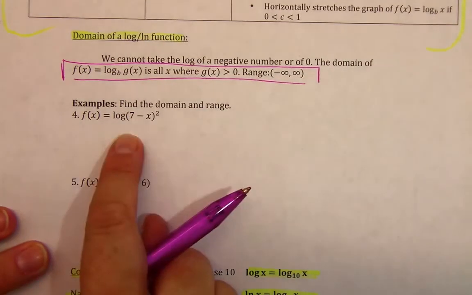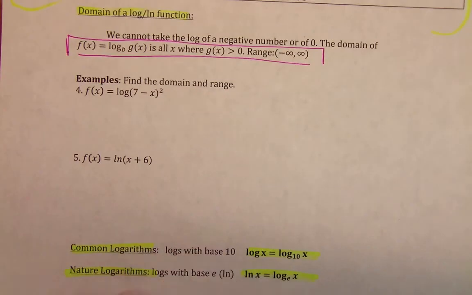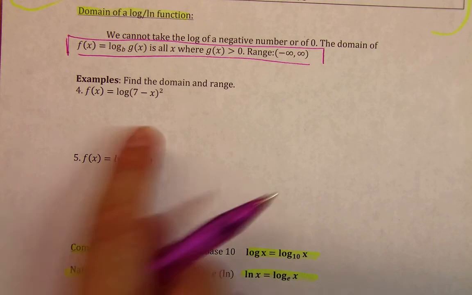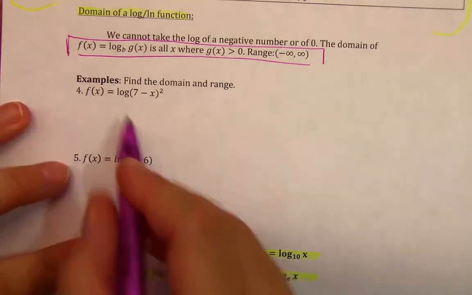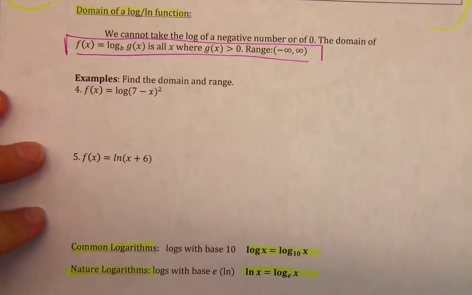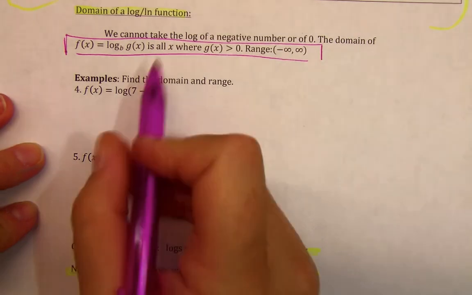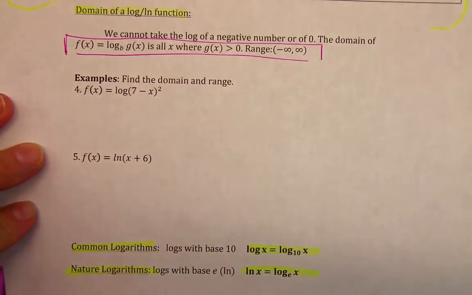This first example, we want to make sure that what we have here is going to be greater than 0. Well, I know it's going to be greater than 0 because it's going to be squared. However, we can't let it equal 0 either. Now, there's a little note on the bottom here. If there's no number down here for the base, it's a base 10. So that means this is base 10.